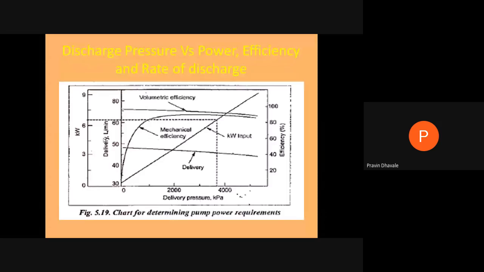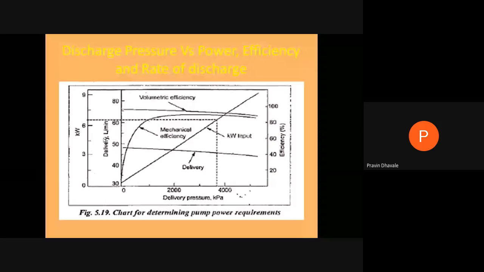Pressure versus power, efficiency, and rate of discharge. If you look at this chart, it shows the power requirement of the pump. Power is always represented in kilowatts, and it will be shown over this axis, right? But it is the delivery, the rate of discharge.